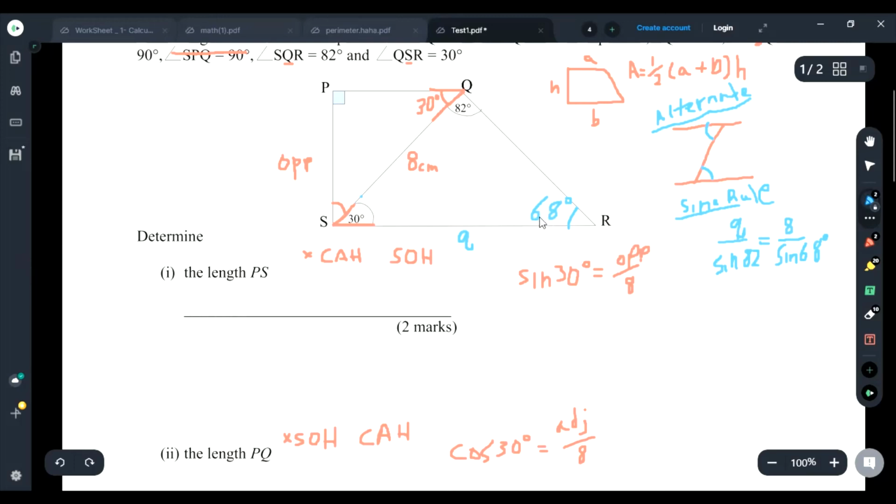So we used that to find out that this is 68. And we did that because we need to find the length of SR. If we're going to find the area of this whole shape, then we need to find the length of SR because that represents your little b here.